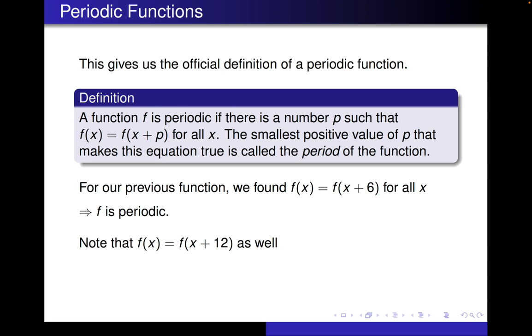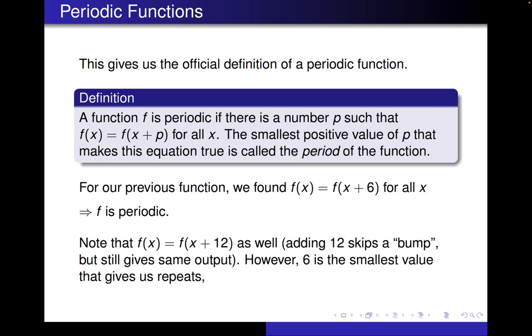Still going to get the same y coordinate, we just travel twice as far. So adding 12 skips a bump, but still gives the same output. However, if we're looking for the smallest value that gives us a repeated pattern, then the period is 6.